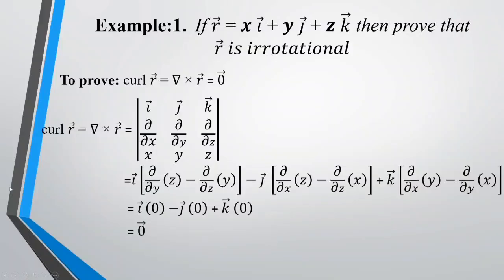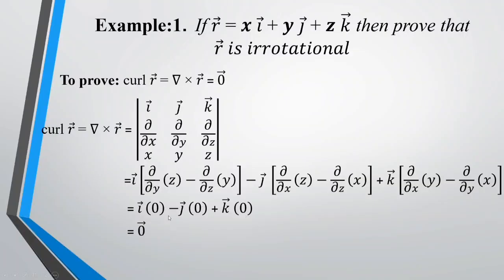x. So here we can see that dou by dou y of z is 0 because partially differentiating z with respect to y is 0, and also partially differentiating y with respect to z is also 0. So i vector into 0 minus j vector into, here also we can see that partially differentiating z with respect to x gives us 0 minus again partially differentiating x with respect to z gives 0.